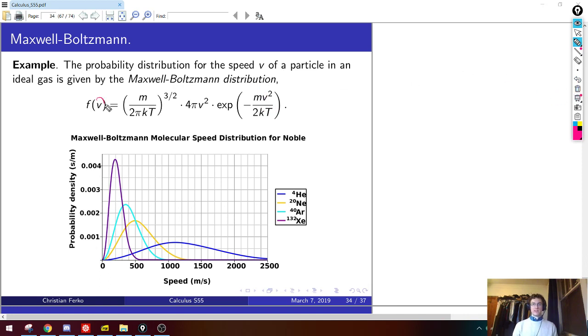So when I'm writing v here, I don't mean the vector velocity, I just mean the size of it, just the number in meters per second. How fast is this guy going? So those speeds are randomly distributed, which means that there's a probability distribution. There's a function that tells you the probability per unit length in speed space, how likely a particle is to be chosen with that speed.